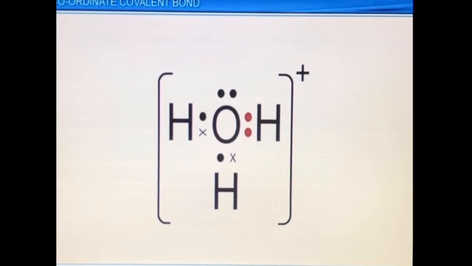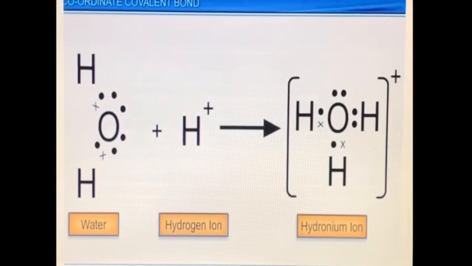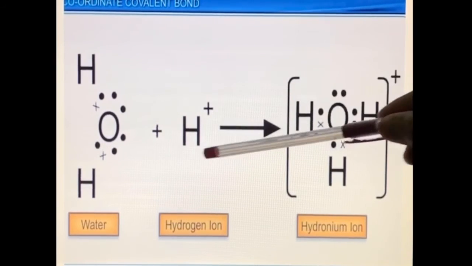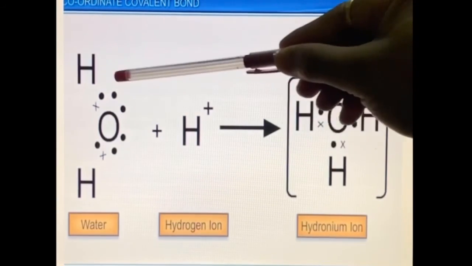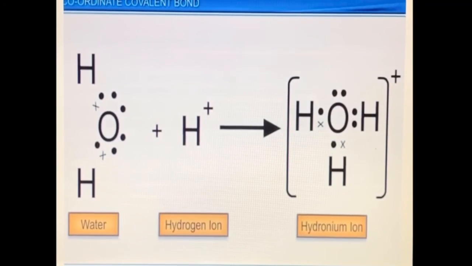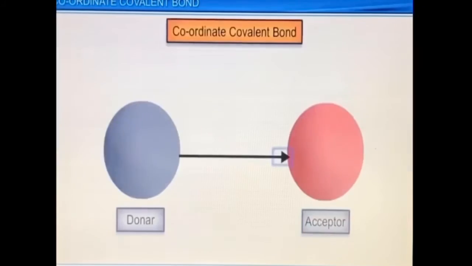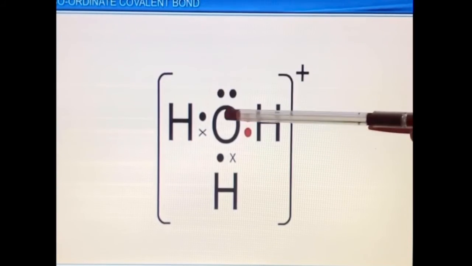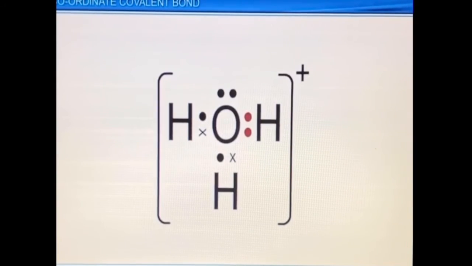So a coordinate bond is formed between two atoms, in which one has a deficiency of 2 electrons and the other has a lone pair. It is formed by the unequal sharing of electrons. Those compounds which have coordinate bonding present are known as coordinate compounds.